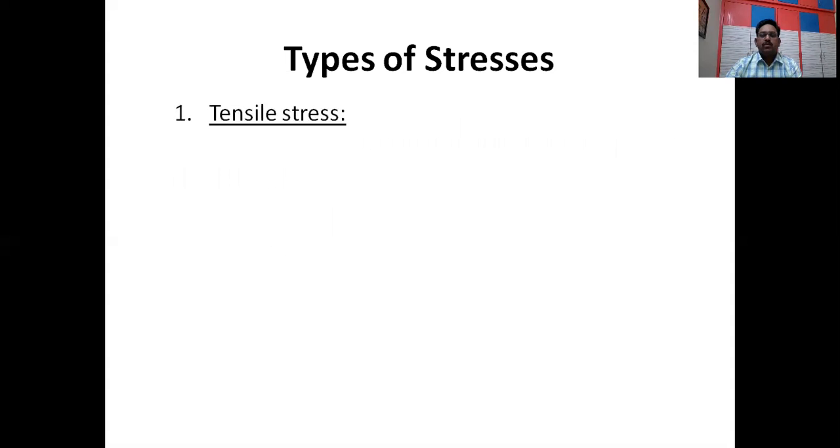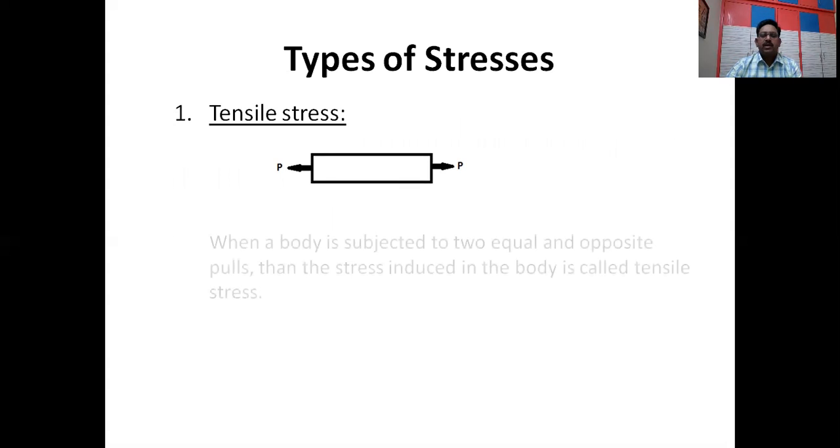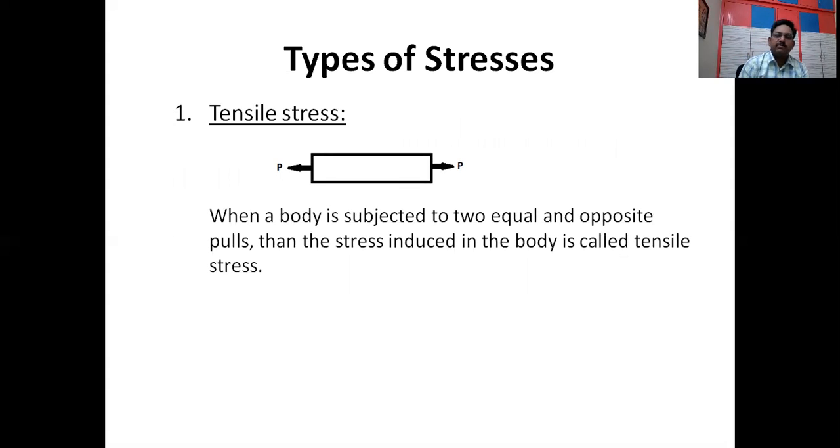So let us go through what tensile stress is. For example, take a body, it is subjected to a load P. When a body is subjected to equal and opposite pulls, acting outside of the body along its longitudinal axis, that force is called tensile force.